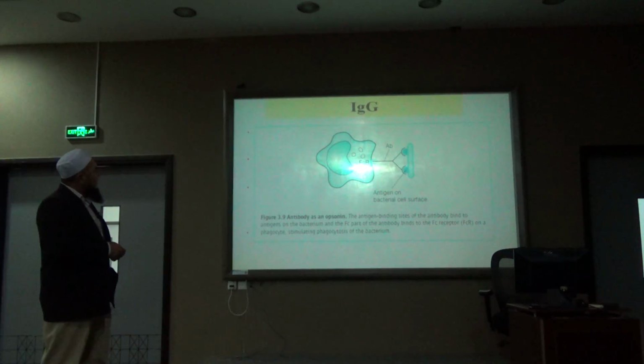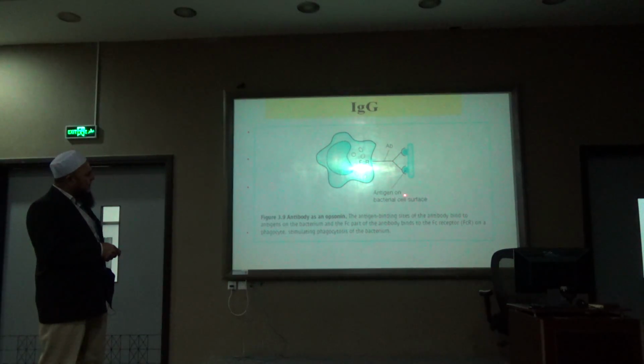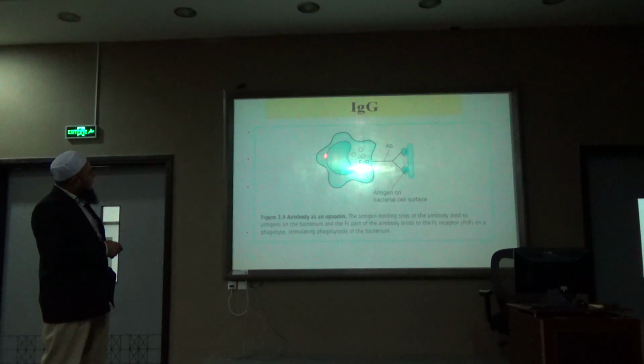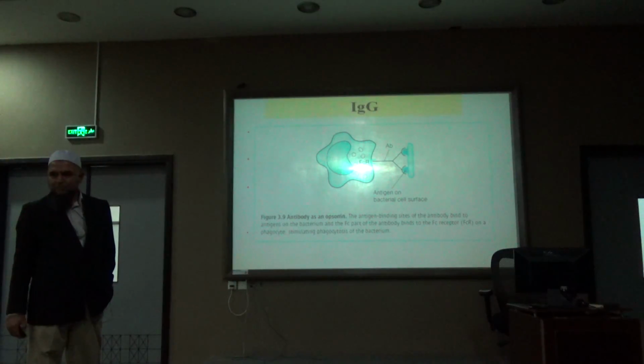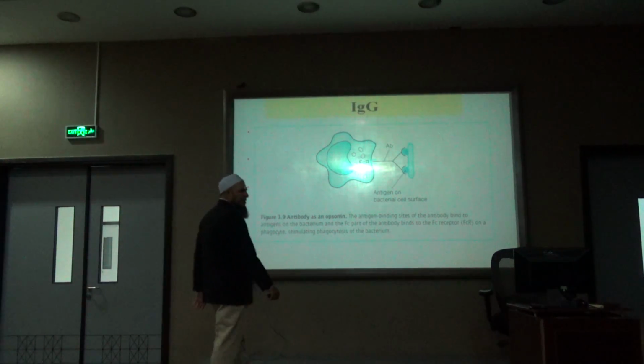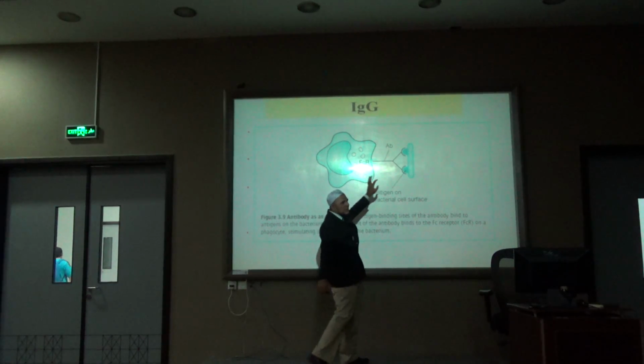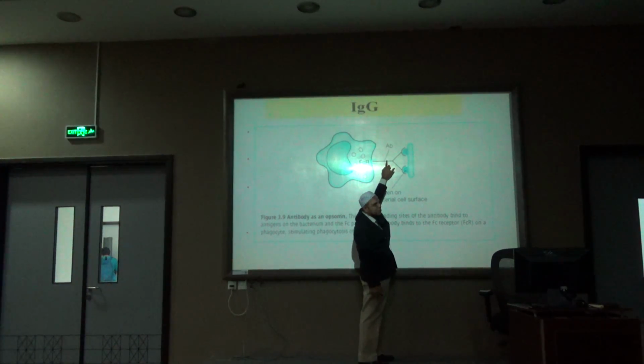So here, what is this? Antigen on the cell surface of the bacteria. This is, for example, a phagocytic cell, and this is the antibody in between. What is the antibody doing?